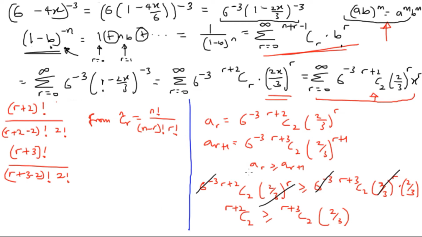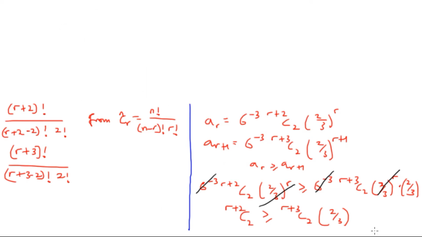Now from this point, r+2 combination 2, I have gotten it as (r+2) factorial upon (r+2 minus 2), which is the same thing as r factorial, and then 2 factorial. So it has to be greater than or equal to (r+3) factorial.